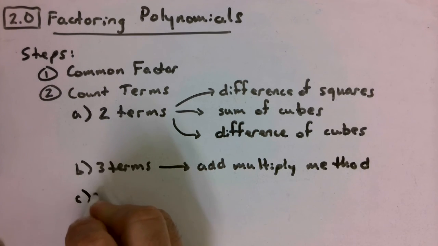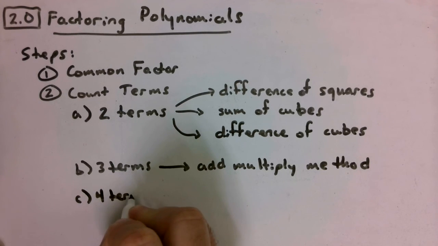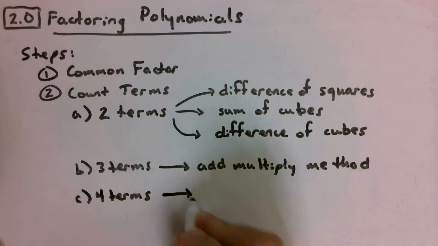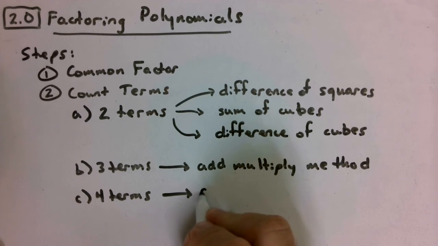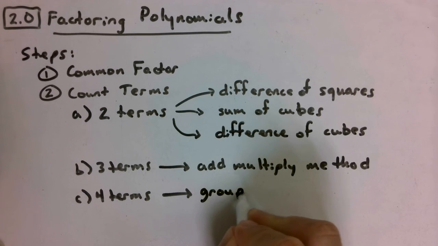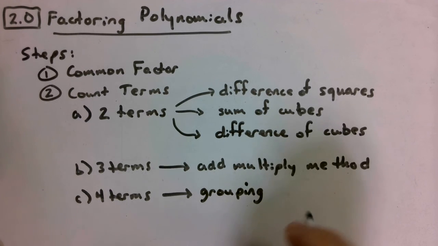And finally, if we have a 4-term polynomial, the method that we're going to be using is called factoring by grouping. So as you go through and you're practicing your factoring, use this kind of as a flow chart or an outline to go through and determine which factoring methods to use.